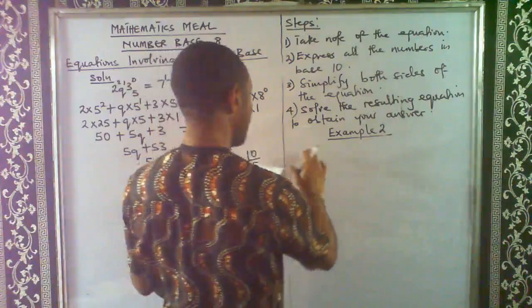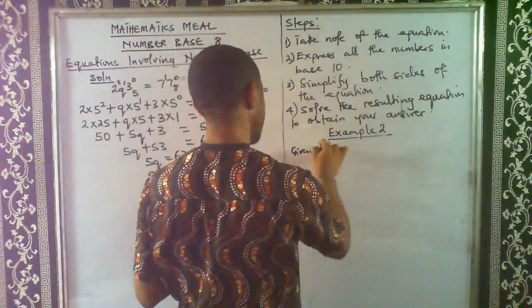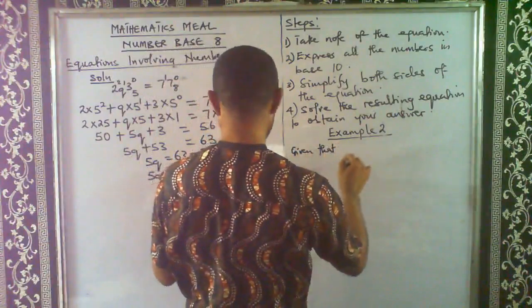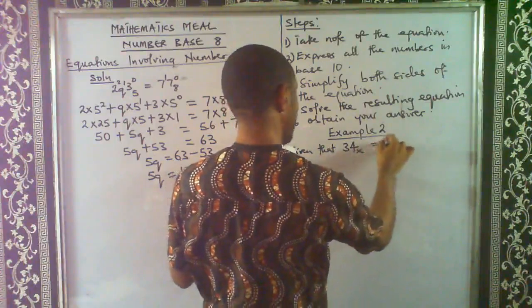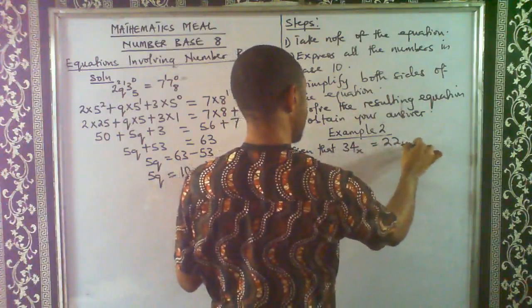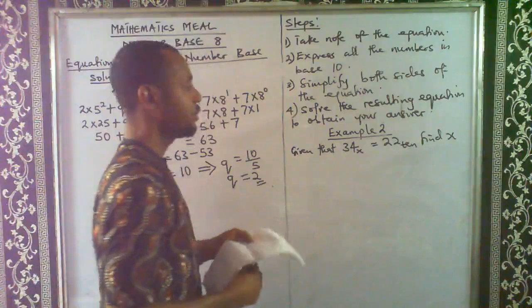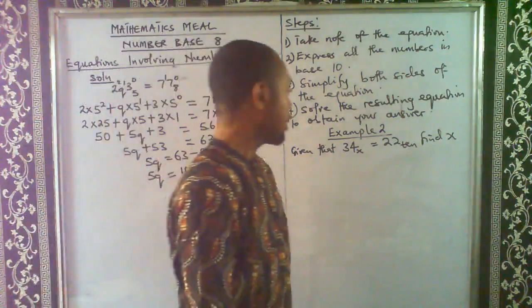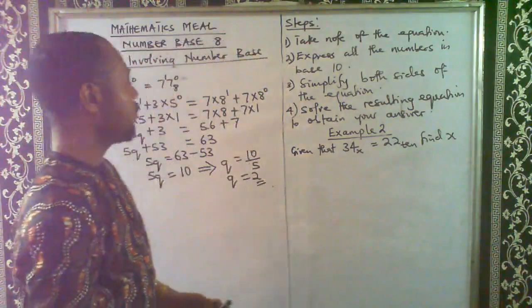Given that 34 in base x is equal to 22 in base 10, find x.